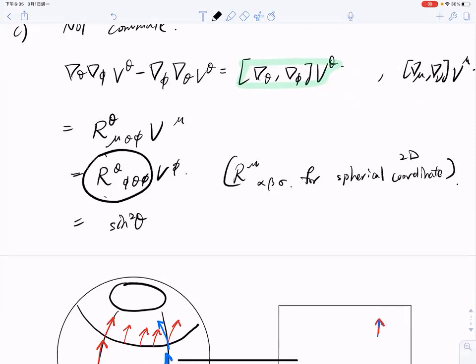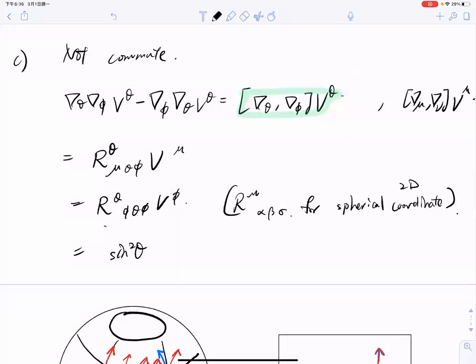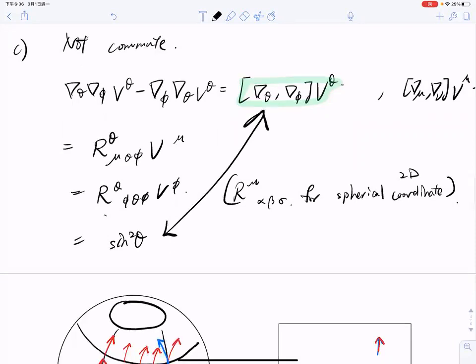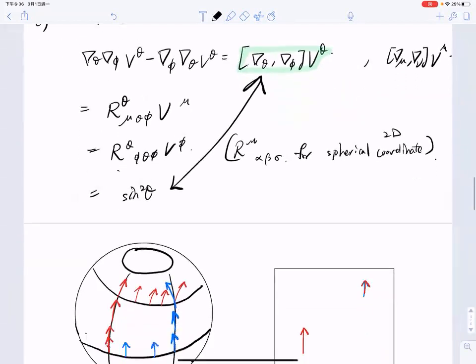It is equal to sine theta squared, which is exactly the commutator of these two covariant derivatives. So what does that mean exactly?